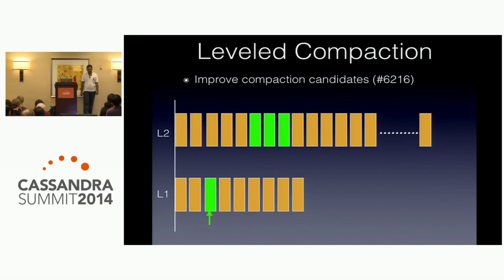One of the issues with this is that the pointer is not persisted. It's only persisted in memory. So for higher levels which have thousands of SS tables, your SS tables which are of higher partition key will not be compacted because this pointer gets reset if you restart Cassandra.